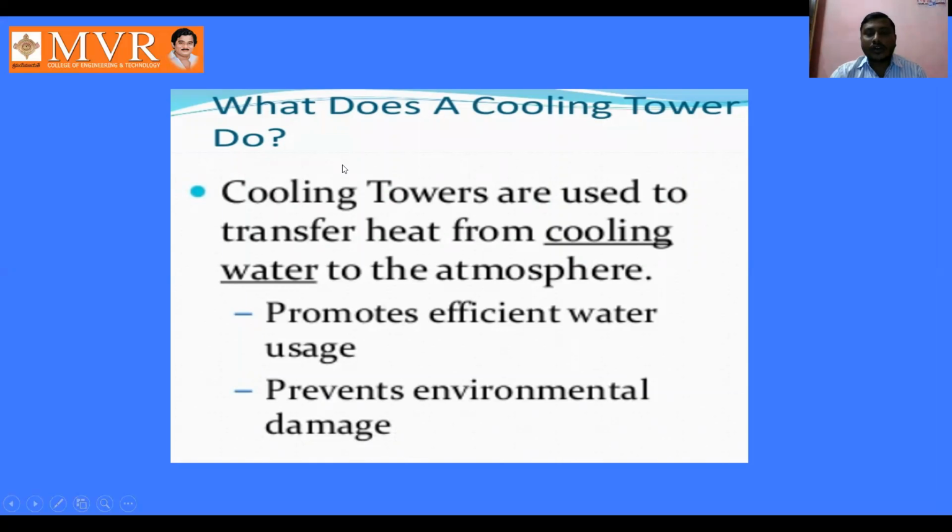What does a cooling tower do? Cooling towers are used to transfer heat from cooling water to the atmosphere.